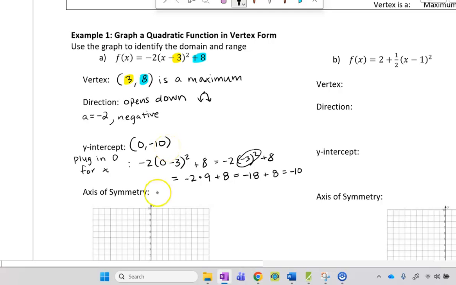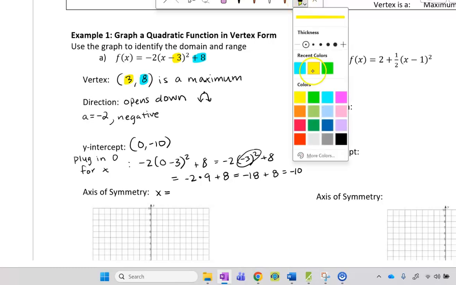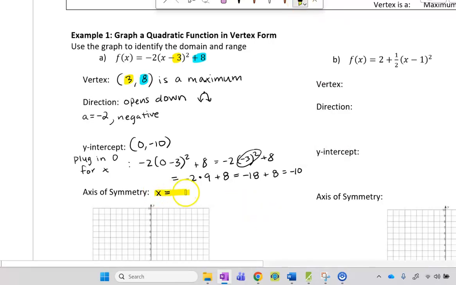Our axis of symmetry is going to be x equals, every time it's going to be an x equals situation. And it's always going to be x equals whatever number x is in the vertex. So I'm going to color code that yellow because I have my vertex x value already colored in yellow. It's x equals 3.